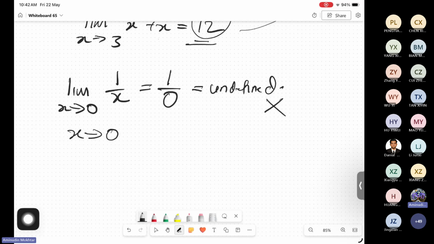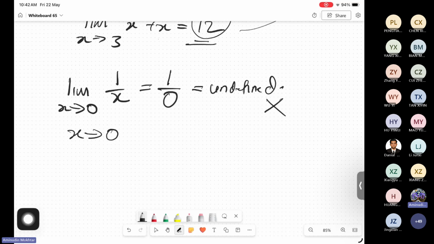In other words, we need to draw the graph and find the value approached when x approaches 0 from the left or from the right, and then determine the limit manually one by one. We need to choose 3 values less than 0 and 3 values greater than 0.